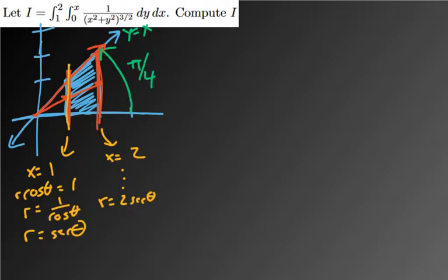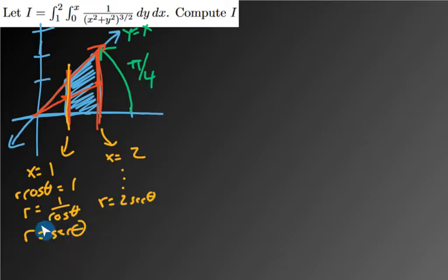Don't know if you knew this, but if you have r equals secant of something, then you get a vertical line like this. And so those are actually my two bounds for r.